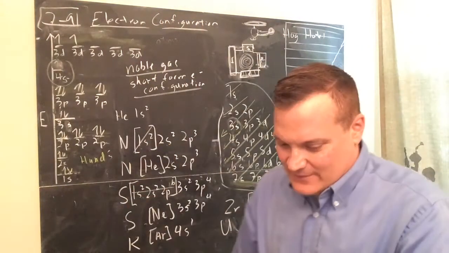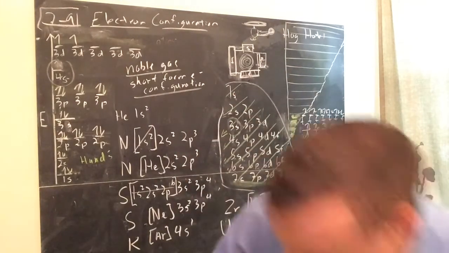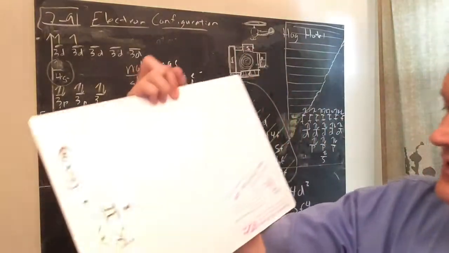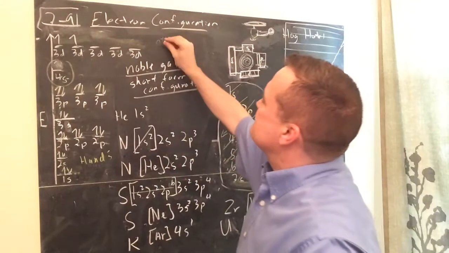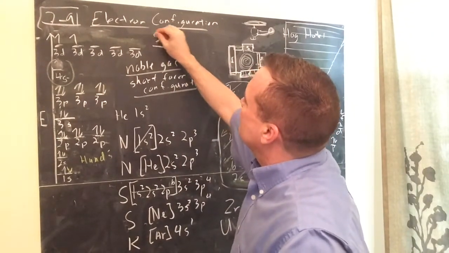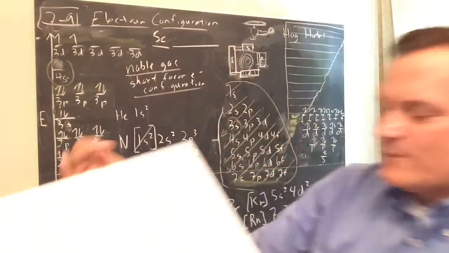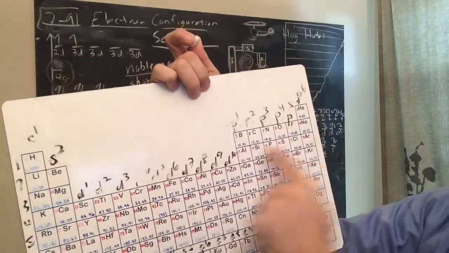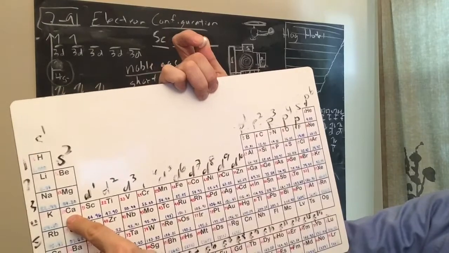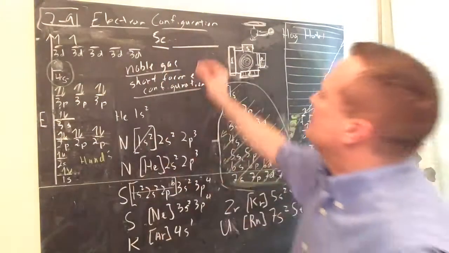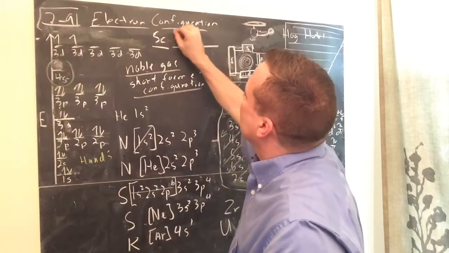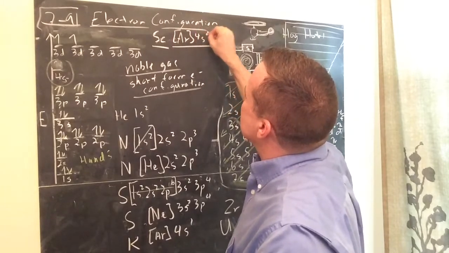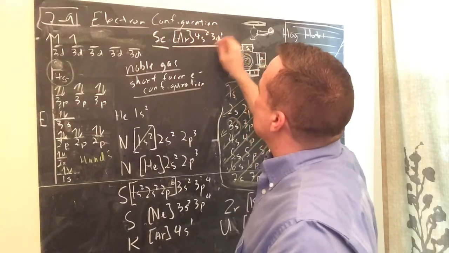So for scandium, whichever one it is, you'd write down the symbol Sc in the first box. Then in the next box, you'll write the short form. And for scandium, it's really simple. It's going to be argon, 4s2, 3d1. So that's one of your answers.